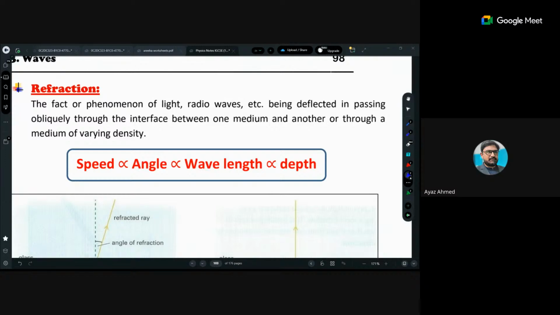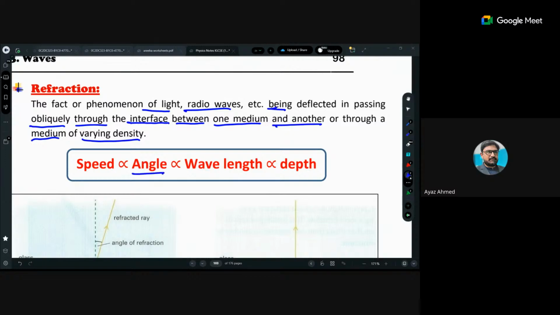So when you have this mechanism, the phenomenon of light, radio wave, any wave, when it is passing obliquely through the interface between one medium and another or through a medium of varying density, then speed is directly proportional to angle.